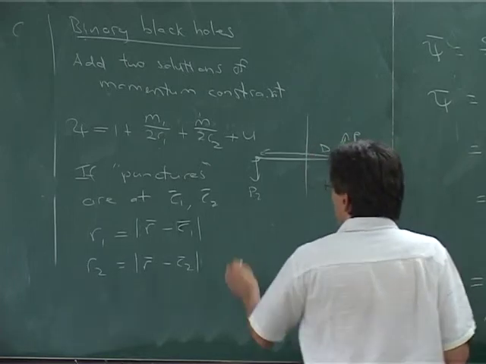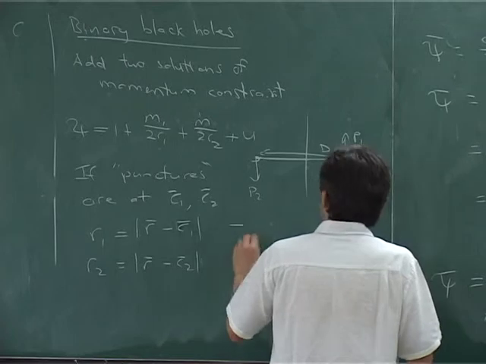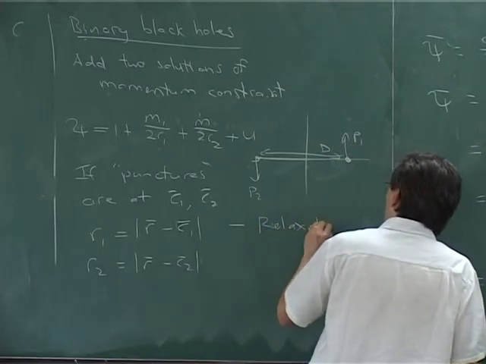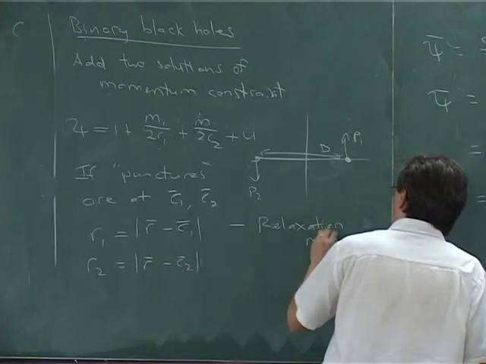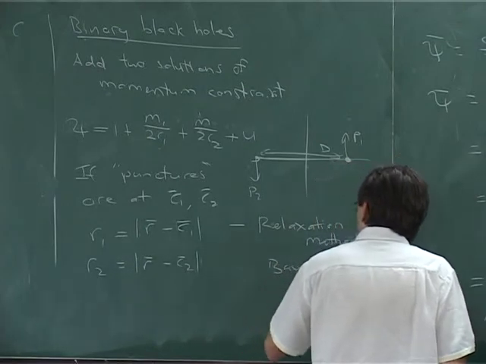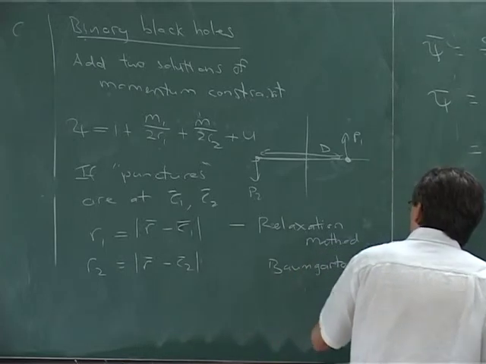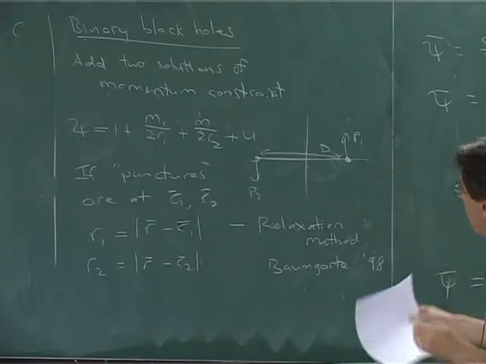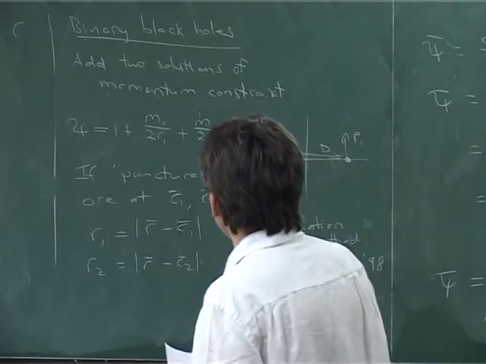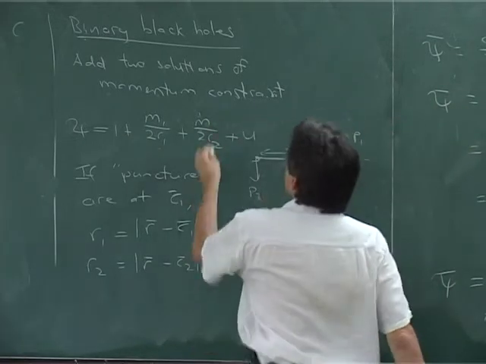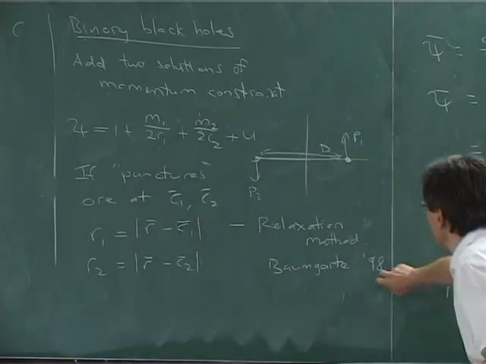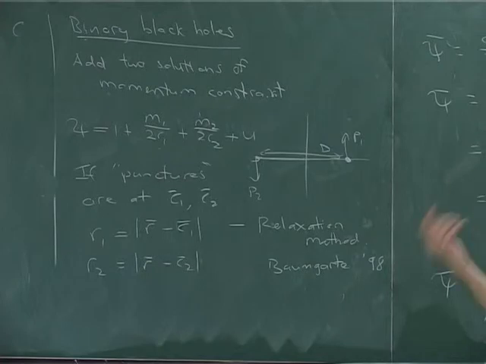You can use various methods to do this. If you want to do this with just a standard relaxation method, Thomas did this in 1998 and looked at the properties of these solutions. Yes? M1 and M2, very good, thank you. So he looked at this and also at how to construct circular orbits and so on.